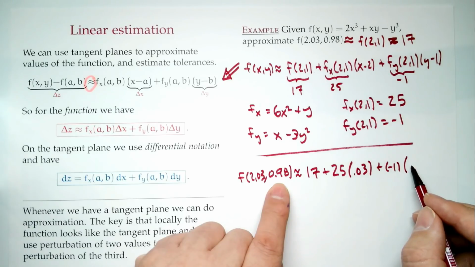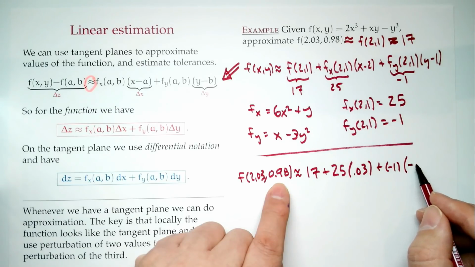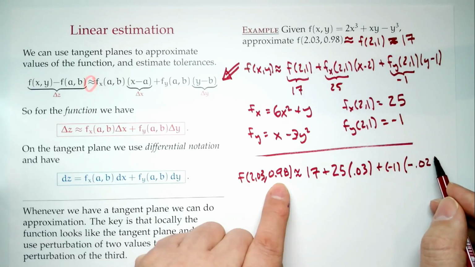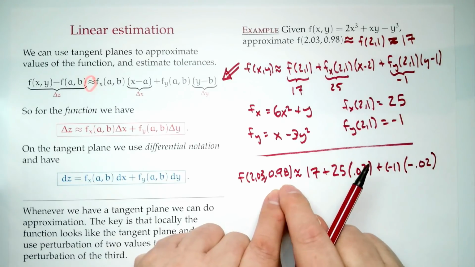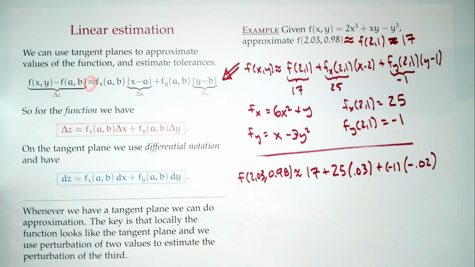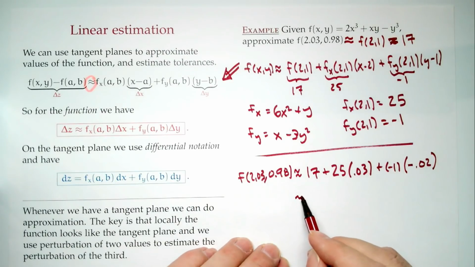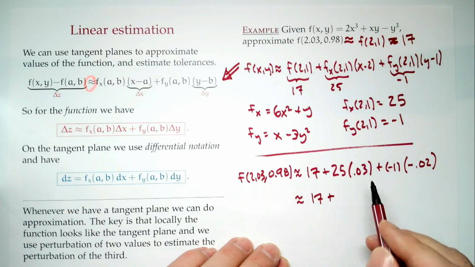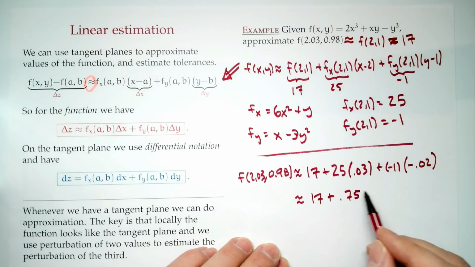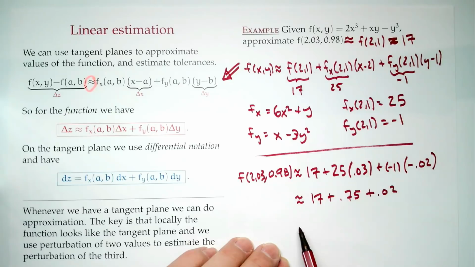Well, that'll be minus 0.02. Because it's 0.98 subtract 1, you're going to get negative 0.02. So 17 plus 0.75, minus minus makes a plus 0.02, tells us an even better approximation than 17 is 17.77.